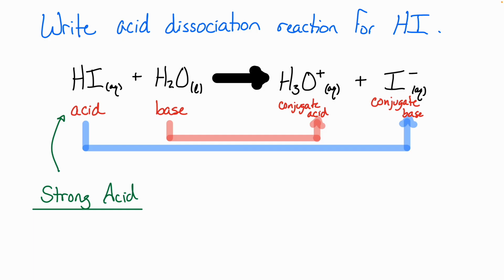All right, so for our strong acids, the concentration of that strong acid that we have initially is going to be equal to our concentration of hydronium when this reaction reaches equilibrium. Another way of saying this reaction goes 100% to completion.